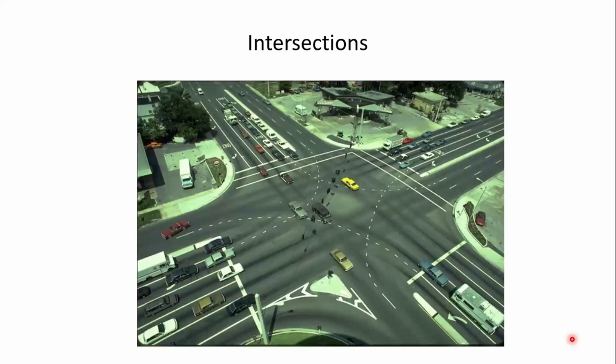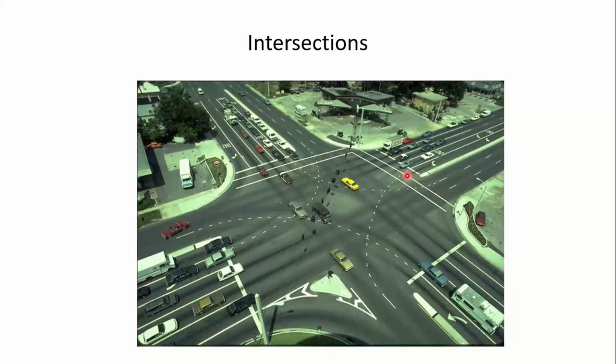Well, we'll move on to intersections. Now, I realize this is an old photo, but I think it shows some of the issues that intersections present to pedestrians and bicyclists. Notice the rather wide arterial streets.